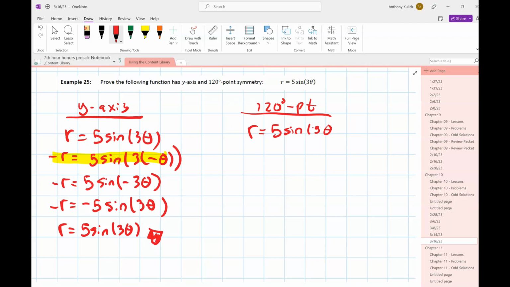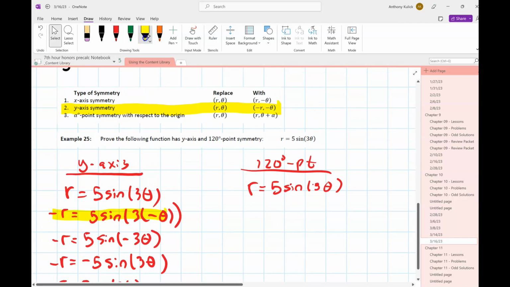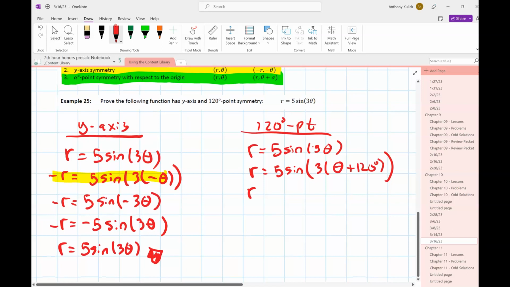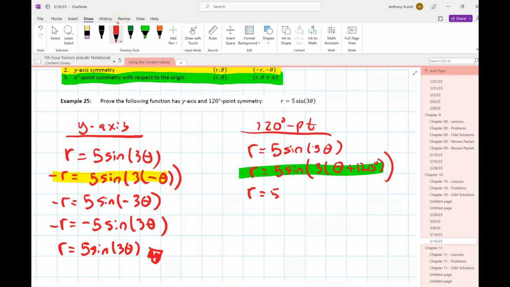To prove that we have 120-degree point symmetry, I'm going to take my r and theta and replace them with r and then theta plus 120. So I know that I can distribute the 3.